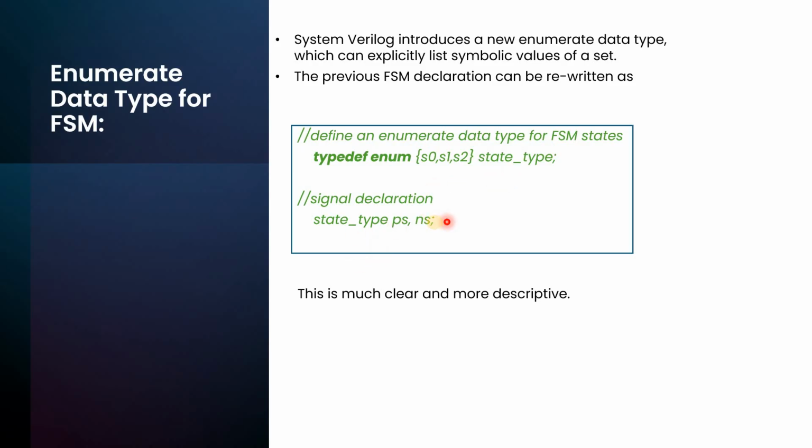Now, our present state and next state variables would be of type state_type, which would indicate the state names S0, S1, S2, and so on. So this is much clearer and more descriptive, and this is the enumerate data type for FSM. This is the second important feature which was incorporated in SystemVerilog.